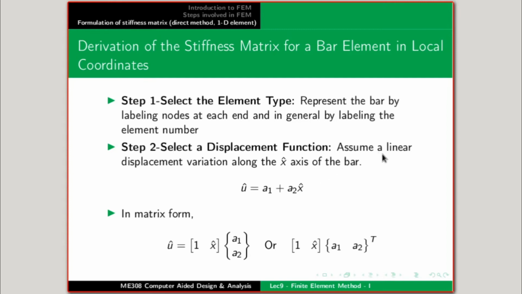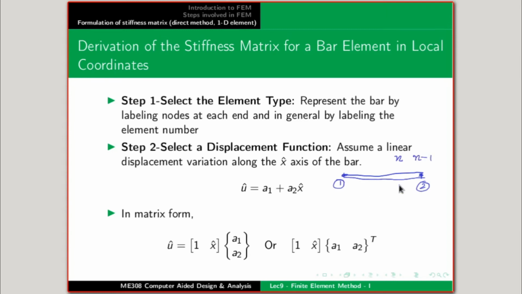Assume a linear displacement variation along the x axis of the bar. Since we have a linear element with only two nodes, node 1 and node 2, and as I have told earlier, if there are n nodes, the order of the displacement function will be n minus 1.